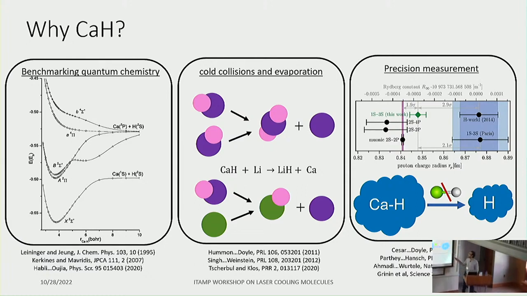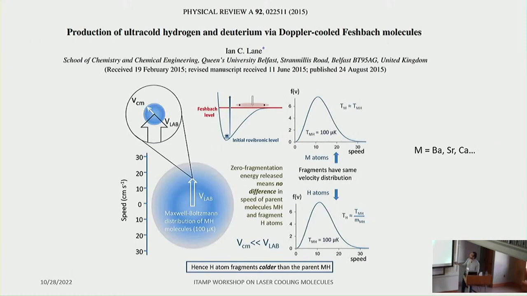And then, of course, the thing that Ian touched upon is that we could dissociate in a controllable fashion this calcium hydrogen bond and give rise to ultra-cold hydrogen, which is a very interesting avenue for precision measurement. In fact, I'm just flashing the slide. Ian has just mentioned it.